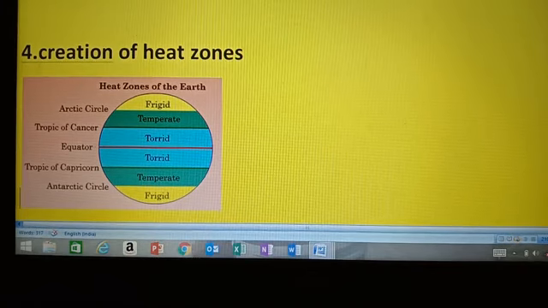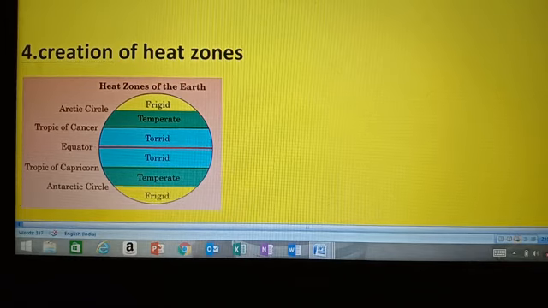Why do these seasons change, or why do seasonal changes occur? The seasonal changes mainly occur due to the differential heating of the sun at various places on the earth. We have studied about the vertical rays and the slanting rays of the sun. The amount of rays in vertical rays is very high. It's very hot.